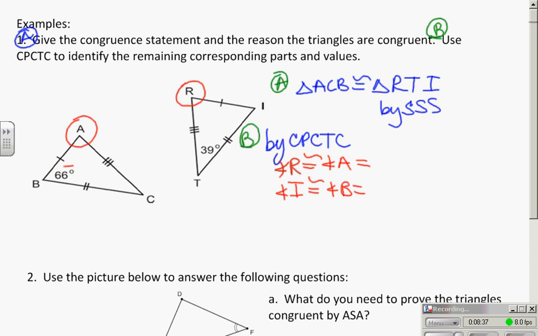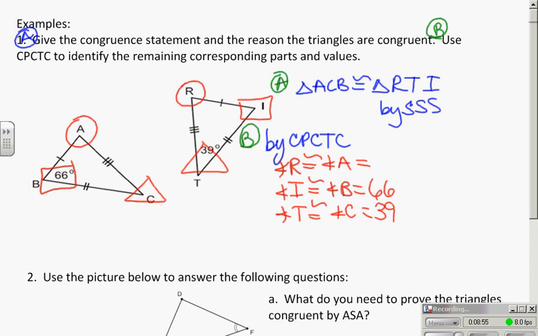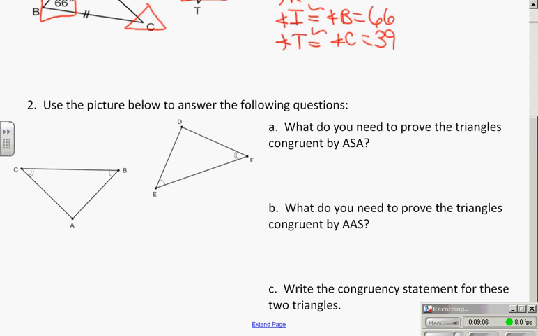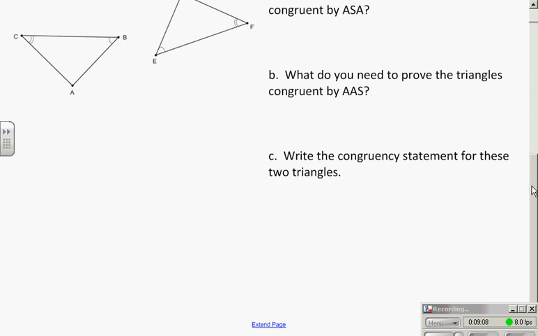Angle I is congruent to angle B, which is equal to, here's B, here's I. Congruent means they're identical, 66. And angle T is congruent to angle C. Here's C, here's T, 39 degrees. When you add 66 and 39 and you subtract it from 180, that means that R and A have to be 75 degrees.